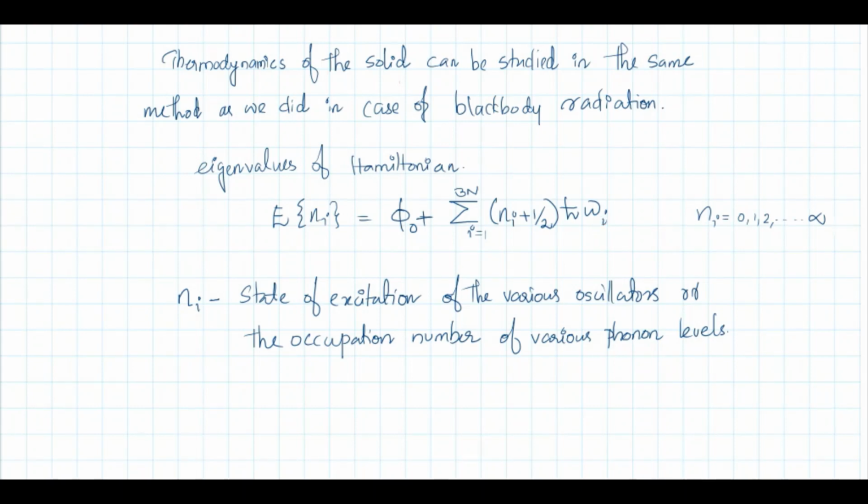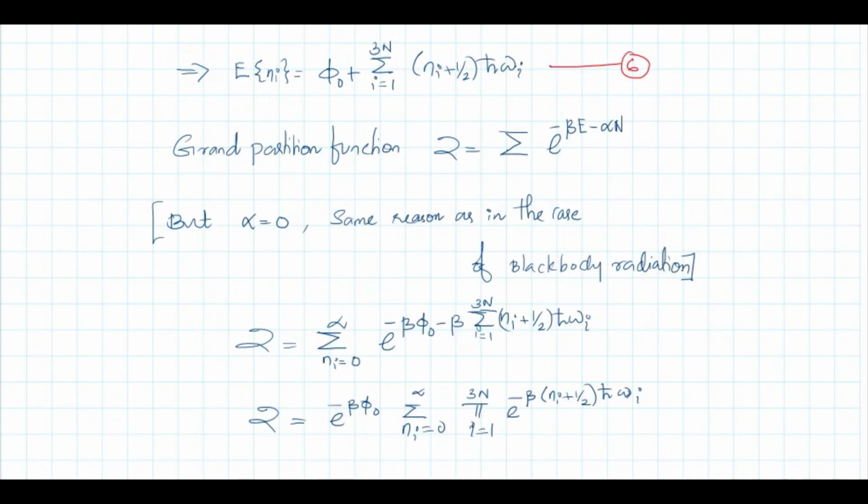Now, once we have the energy eigenvalue, we can define the grand partition function ζ, given by the sum over all states e raised to minus βE minus αN. But by the same reason as in the case of black body radiation, α is 0 here, because α is the Lagrange multiplier which results from the constraint that the total number of particles is fixed.